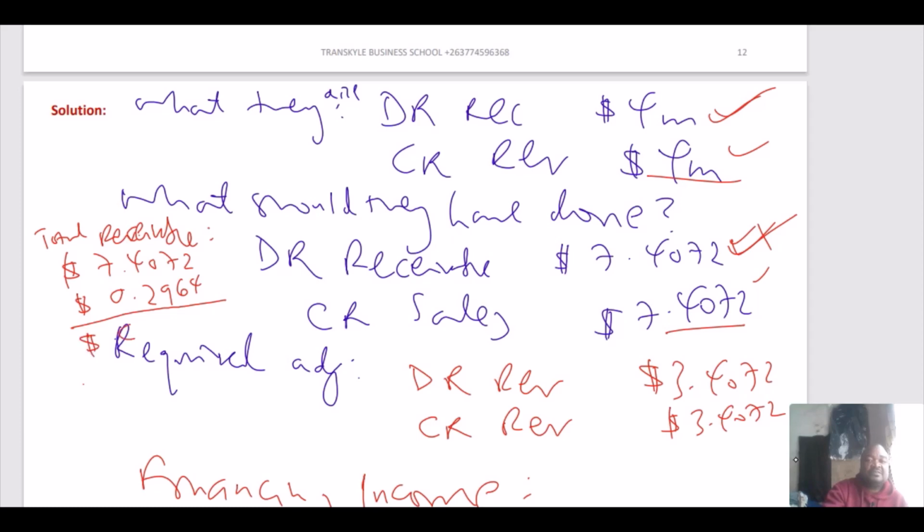That's 7.7036. And if we subtract this amount from 8 million, remember 8 million is the total contract price, the 7.7036 minus 8 million, we get the remaining finance income in 2009.